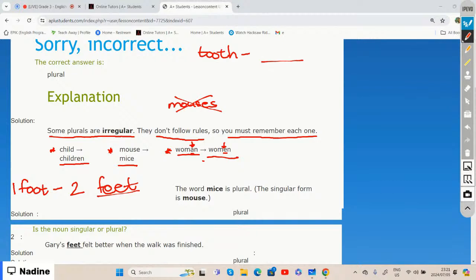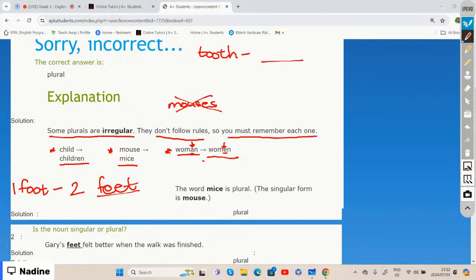So we said one foot, two feet. Now we have one tooth, and I have lots of what?